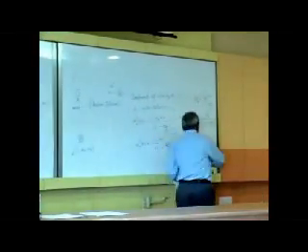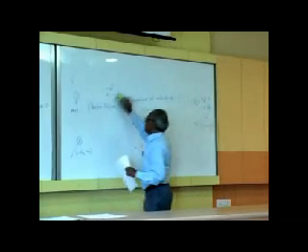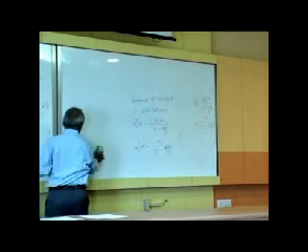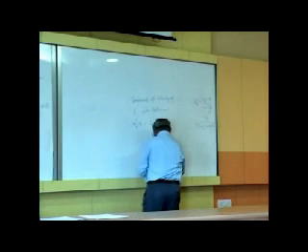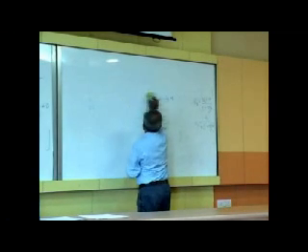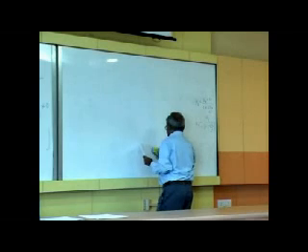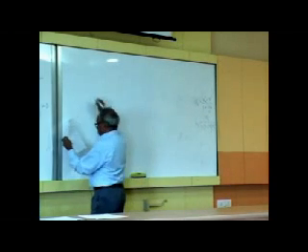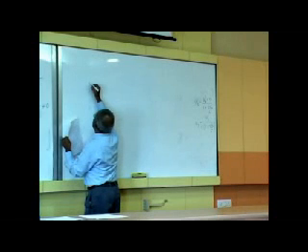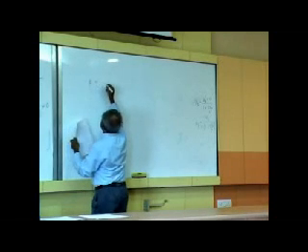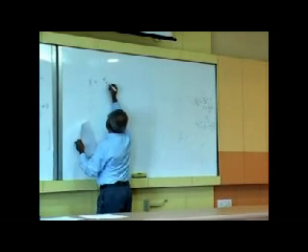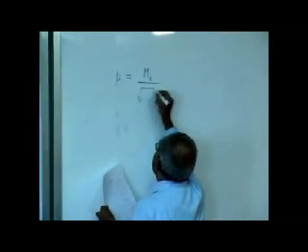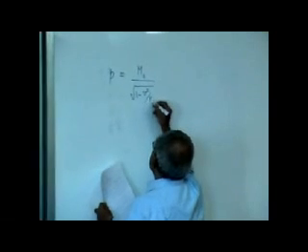So once I say my mass should be this, how should my momentum be? It should be mass times the velocity. So I will write down my momentum: m0, I will call m0 the rest mass, times v divided by the square root of 1 minus v squared by c squared.